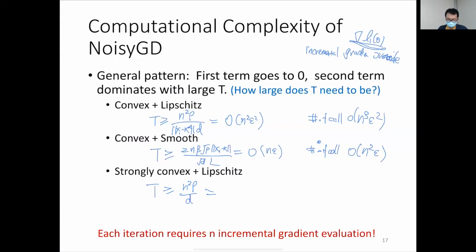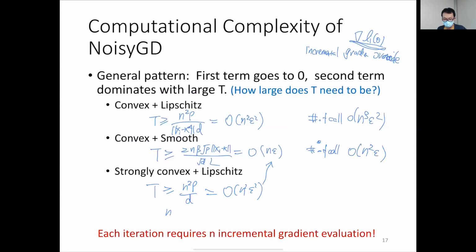And this is on the order of, again, n square epsilon square, right? Part of the reason we need this is because we're not making smoothness assumptions. For those problems that are simultaneously smooth and strongly convex, we can potentially improve this to something on the order of n epsilon.